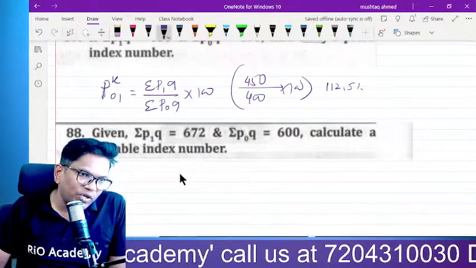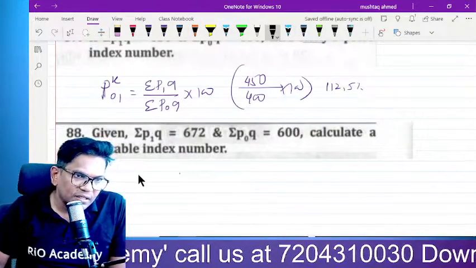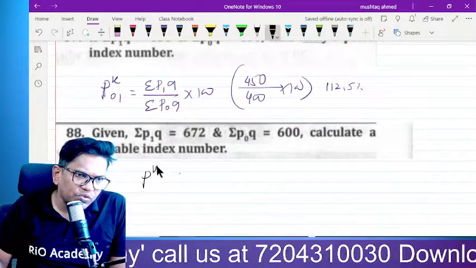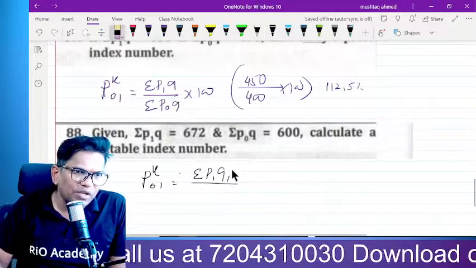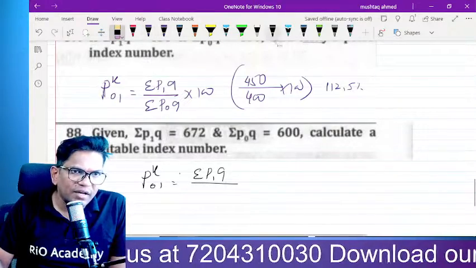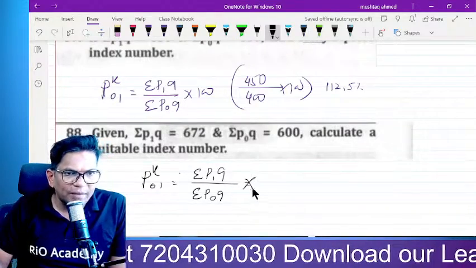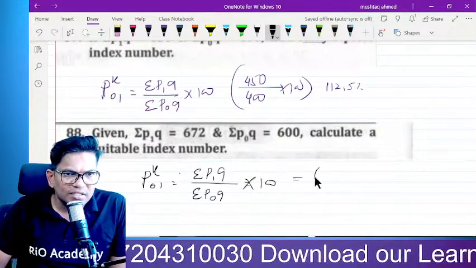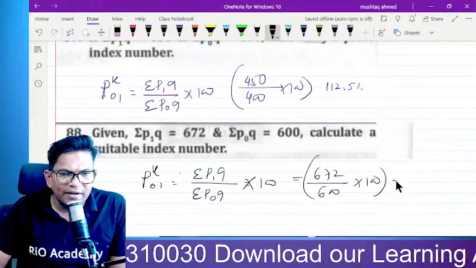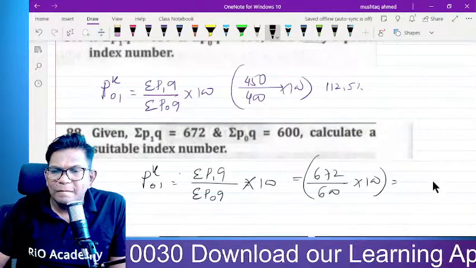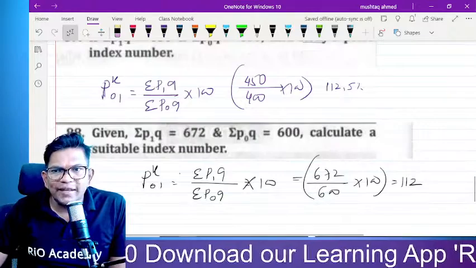Same, you got it. Yes, you are right. You can say that P01 is equal to the summation of PQ divided by the summation of P0Q, multiplied by 100. So 672 divided by 600 multiplied by 100. How much? 112. So next 2 marks from this question you can expect that.